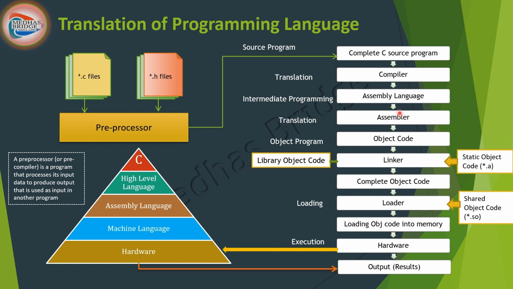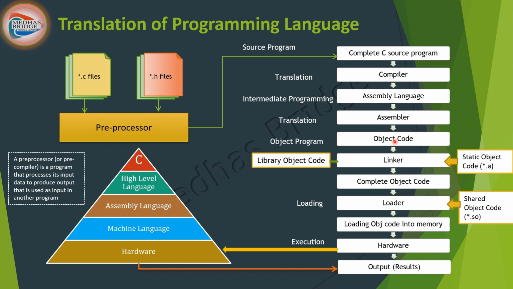The assembler takes the assembly language as input and translates it into an object file, which we see as an output corresponding to your source C file. If we have multiple C files, then you would be seeing multiple object files.